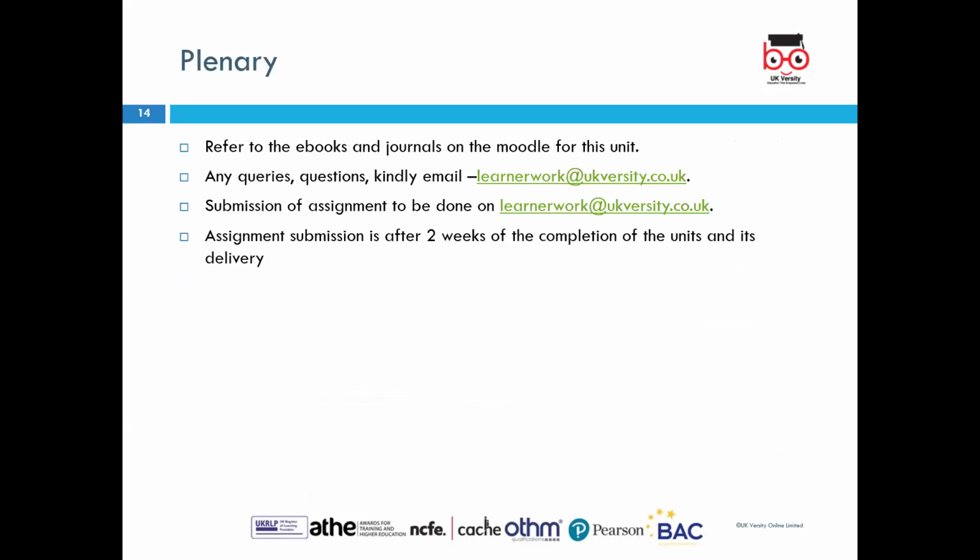And there's also additional ebooks and journals on Moodle for this unit that you can refer to. Any questions, learnerwork@ukvarsity.co.uk. Make sure you are using Moodle to get the ebooks, get the resources to help you create a thorough critical literature review for learning outcome 3.